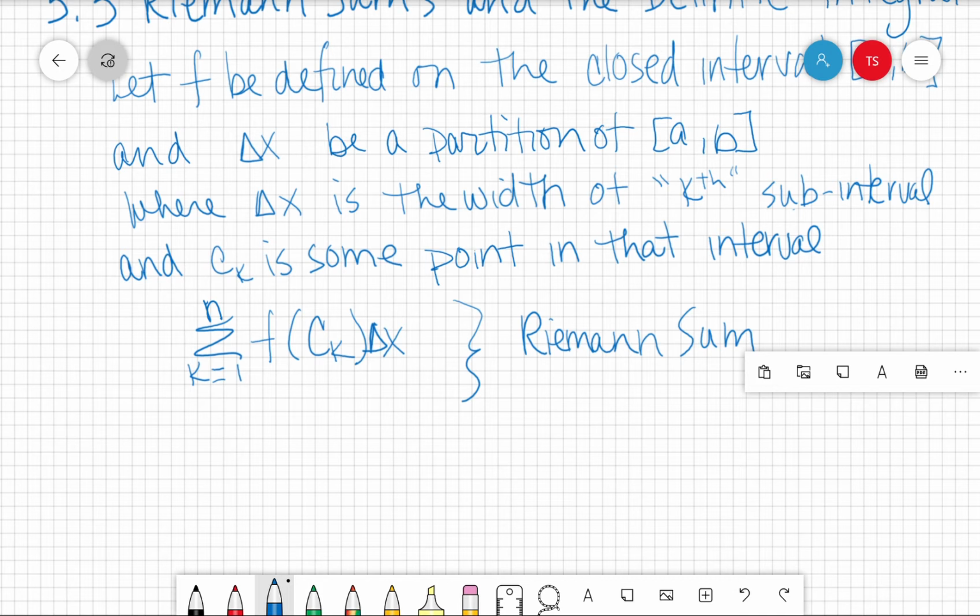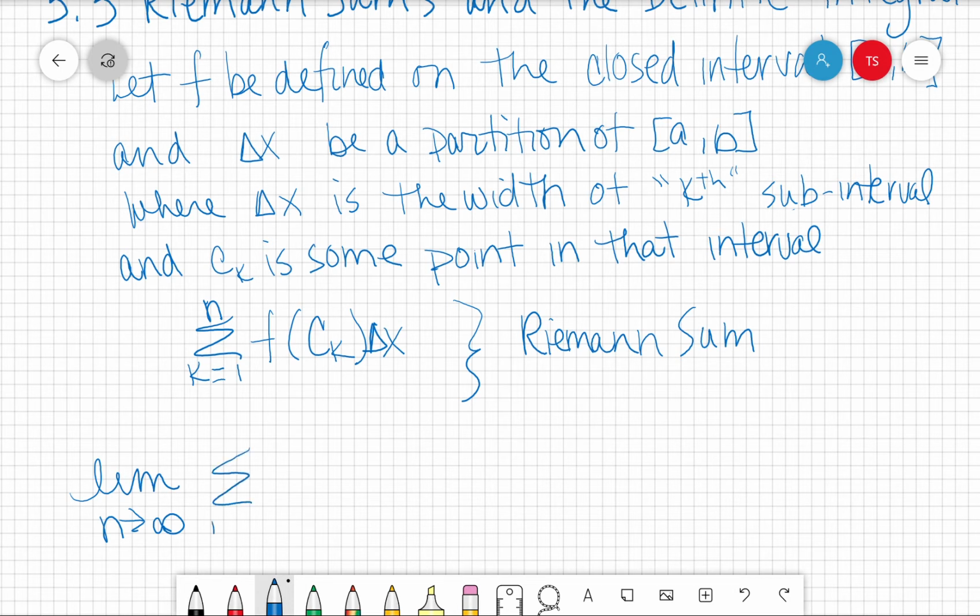If we take the limit as n goes to infinity, then that sum from k equals 1 to n of f of c sub k times change in x is going to give us also our definite integral: the integral from a to b of f of x dx.